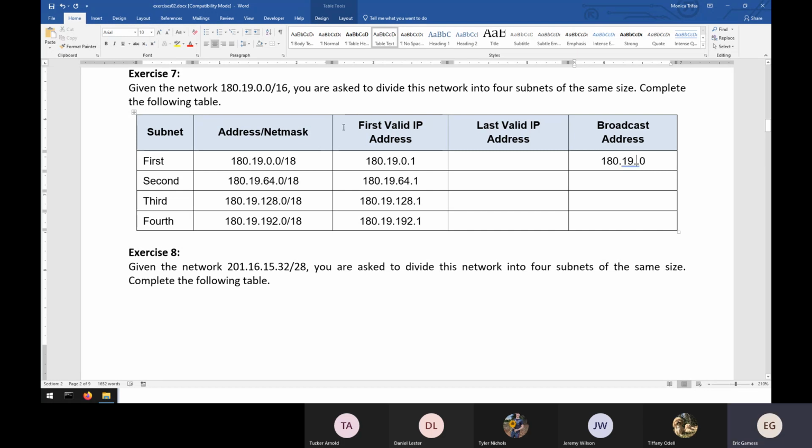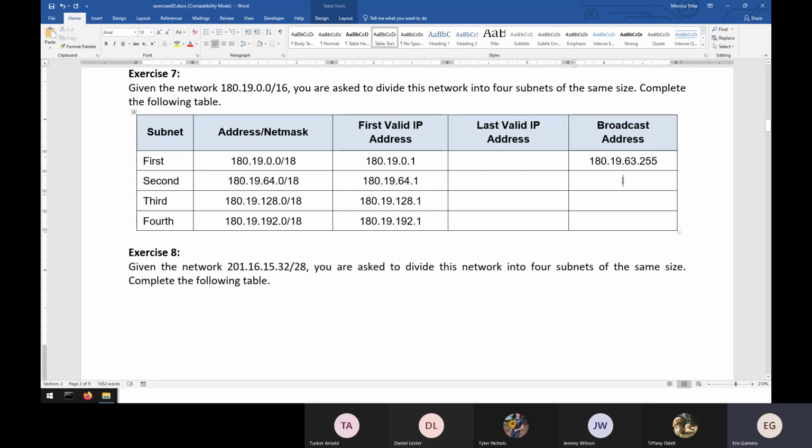What is one IP address before this one? Exactly, it will be 63.255. One IP address before 180.19.64.0 is 180.19.63.255.